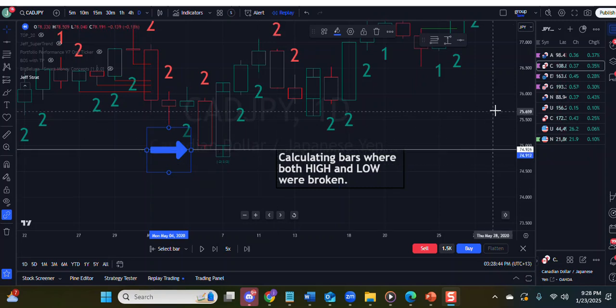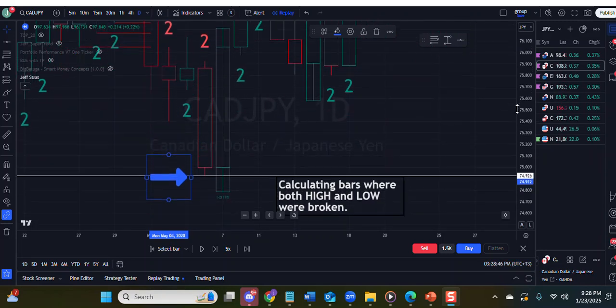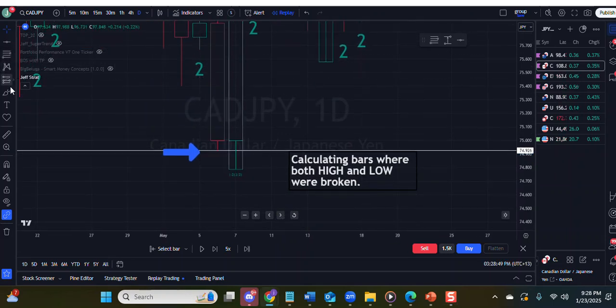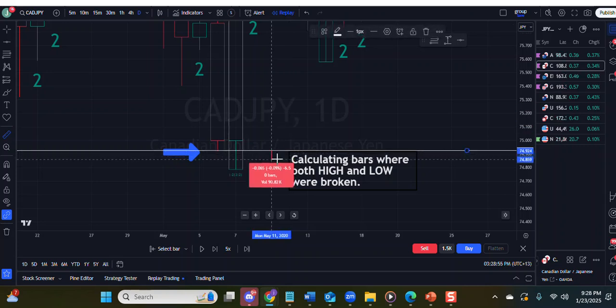Now let's say the take profit was set at 5. Boom, it would have hit take profit, so we would count that as a win. However, let's say the take profit was 20.